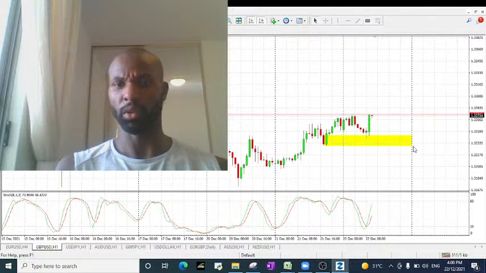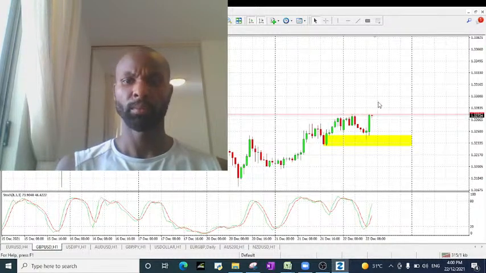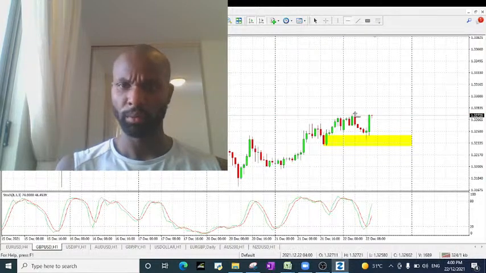So we hit this zone, we are bouncing. We've taken out this area.